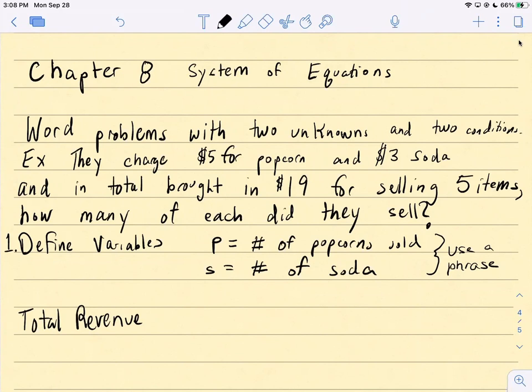So it's just like the total take of a business. The total revenue, which is equal to $19, well, if you sold P popcorn, do you guys agree that each one is contributing $5, so it's 5P plus 3S. So we're just writing up an equation here.